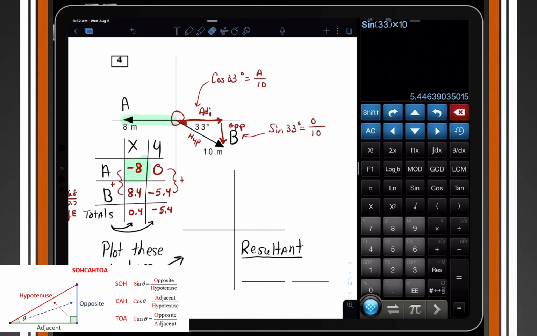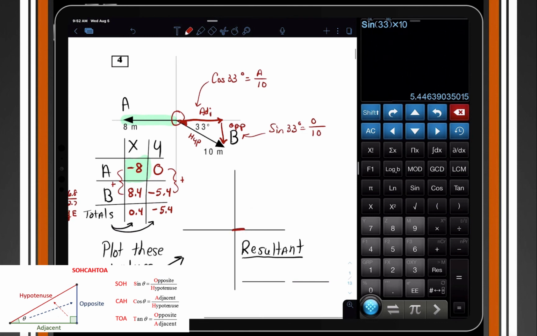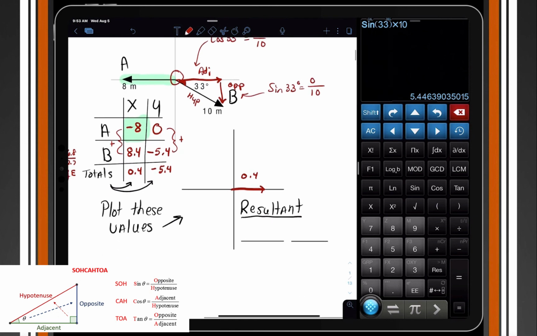So, sketching this out, we have an x value of 0.4, and then it looks like we did a poor job at putting the spot here in. The y value should be a negative 5.4. So your resultant, what we have to figure out is this guy.